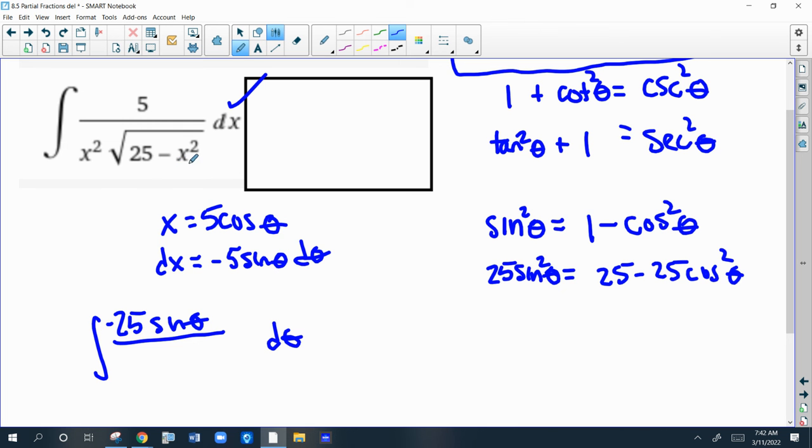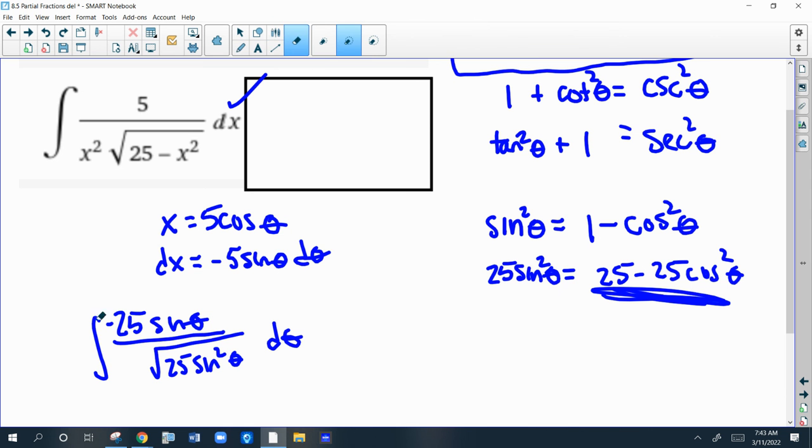The square root of 25 minus x squared is the square root of 25 minus 25 cosine squared, which is the same thing as 25 sine squared theta. That's great because I'm going to be able to square root this. And the x squared, well, we have x here. Hold on a second. Let me fix this.